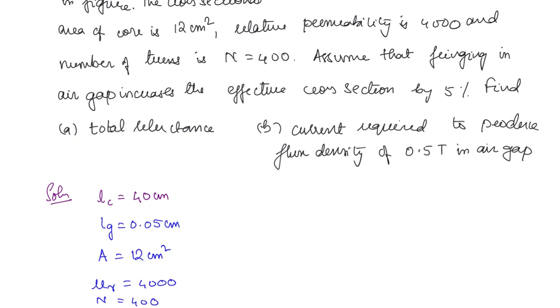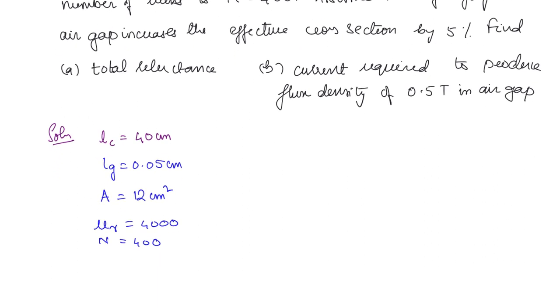Now we will take this to be the core area, and the air gap area is going to be increasing by 5%. That means 12 centimeters squared plus 5% of 12 centimeters squared. That will be the effective area at the air gap.